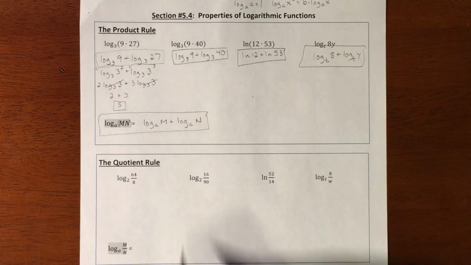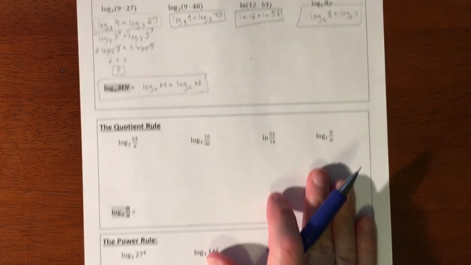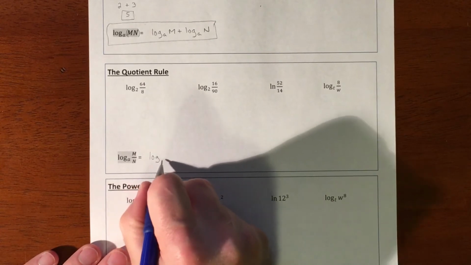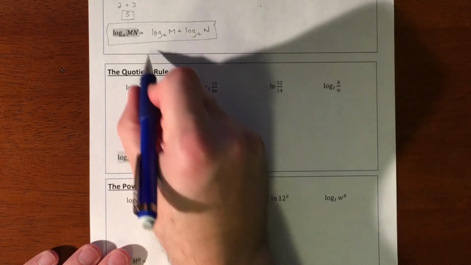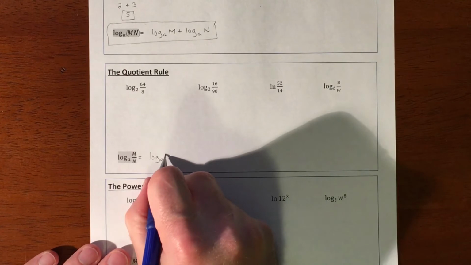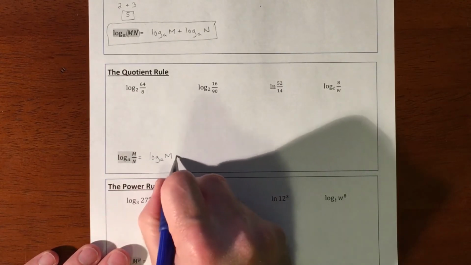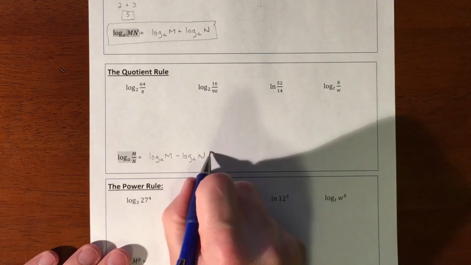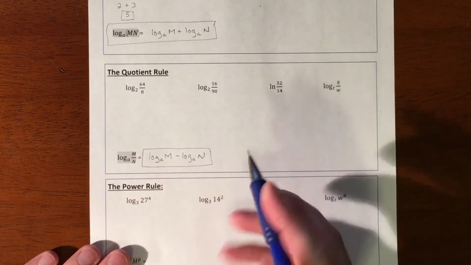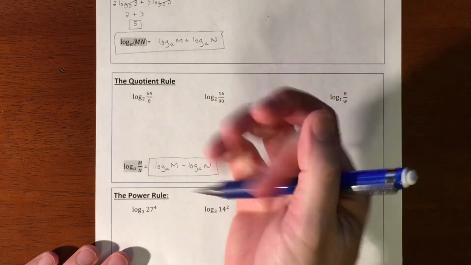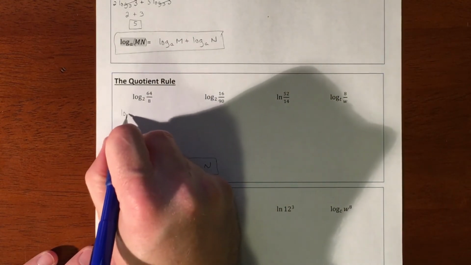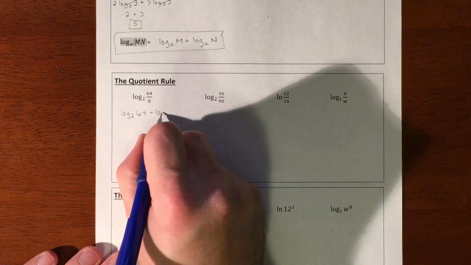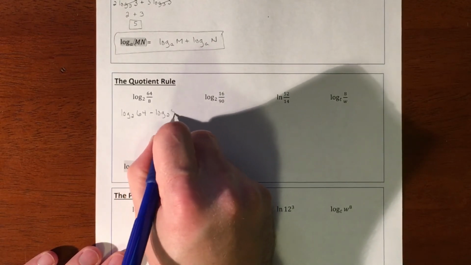Okay, so that is if you have multiplication. If you have division, you can also break them up, but not surprisingly, if multiplication is addition, then division is subtraction. On every single one of these, I'm not going to worry about whether I can simplify it further. I can break this up into log base 2 of 64 minus log base 2 of 8.